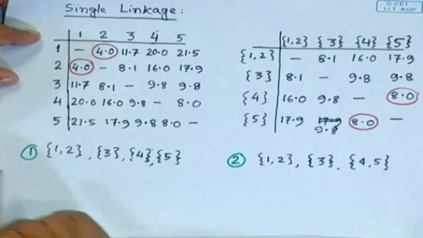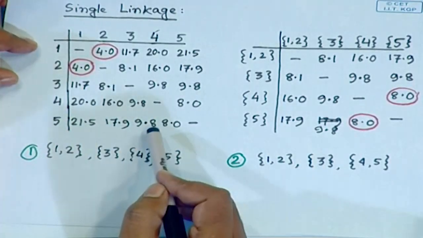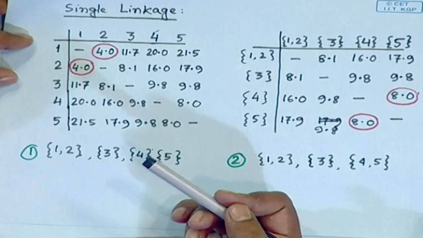After step 1, I have to take the minimum distance, and using this minimum distance I can combine 1 and 2. Okay. So, clustering up to step 1 will remain same as what we get in case of a single linkage algorithm, and then onwards there may be a difference.